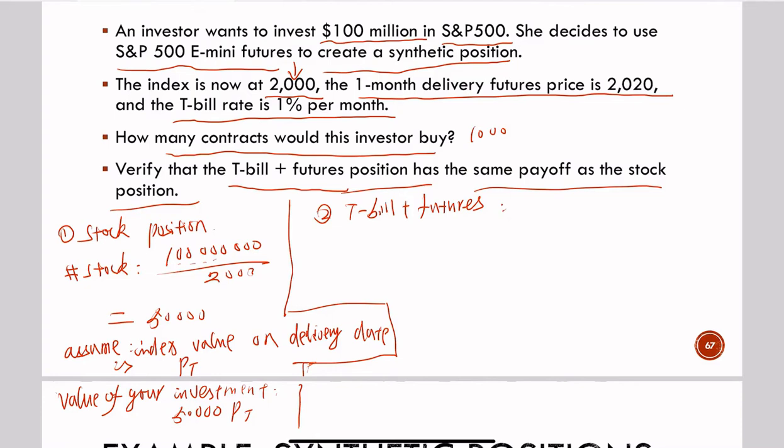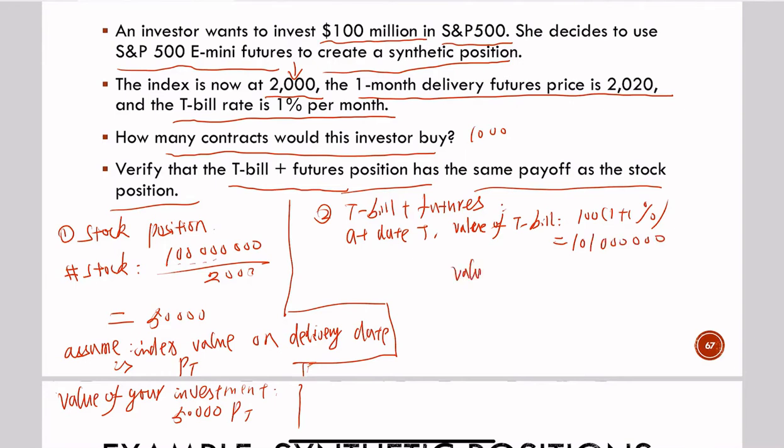So this tells you at date T, or on this delivery date, the value of T-bill investment would be $100 million times 1 plus 1%. So it's $101 million. Right?